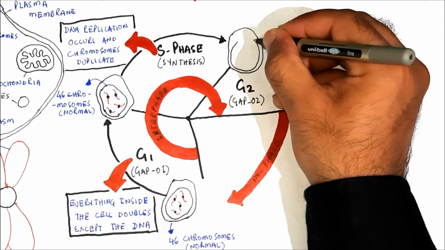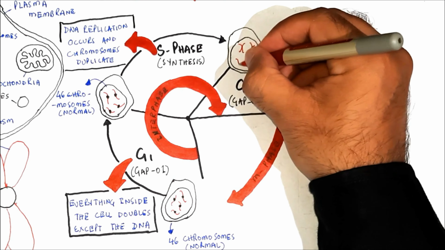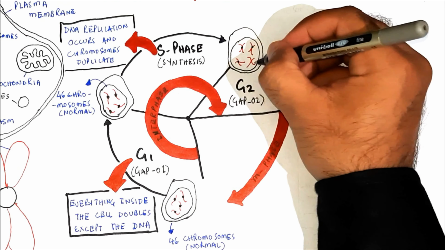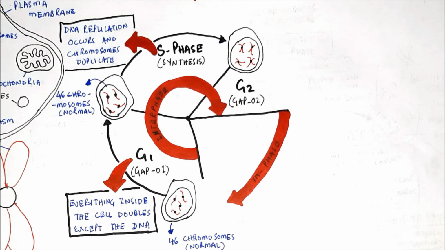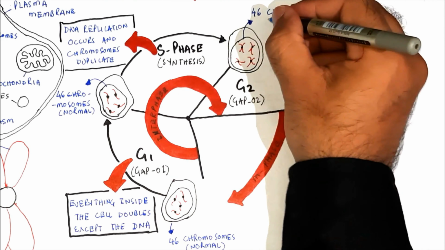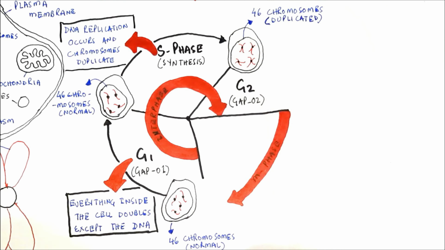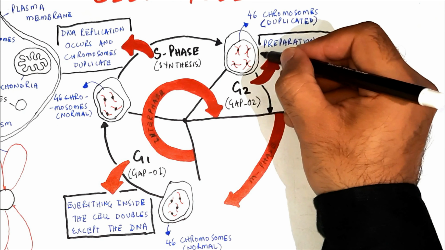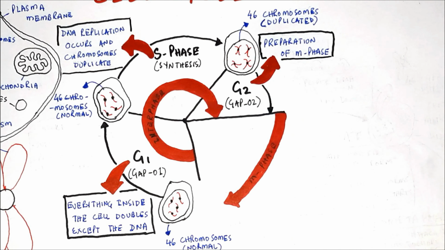Duplicated chromosomes look like this. So we have 46 chromosomes, but now they are duplicated. Hope you got the difference. Then the cell passes through the G2 phase and apparently nothing happens. The cell only prepares for the M phase now.